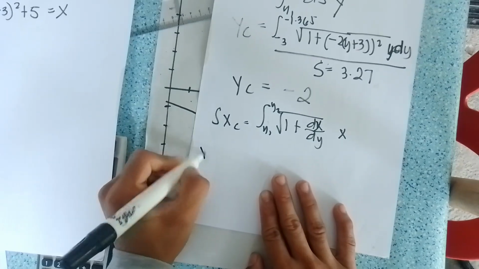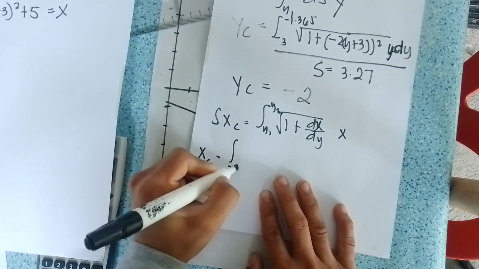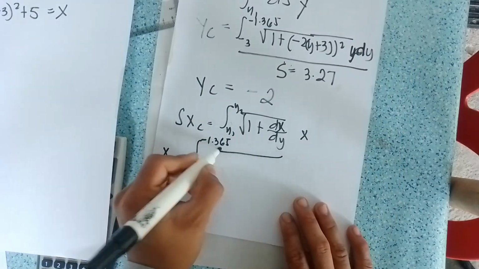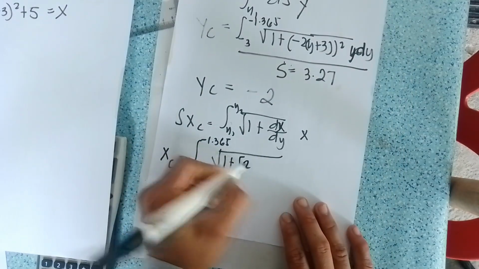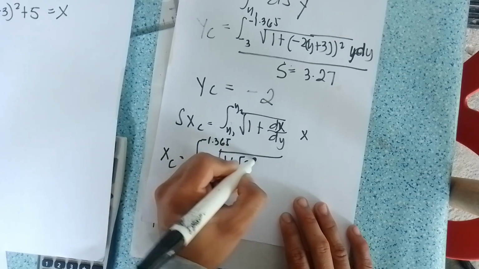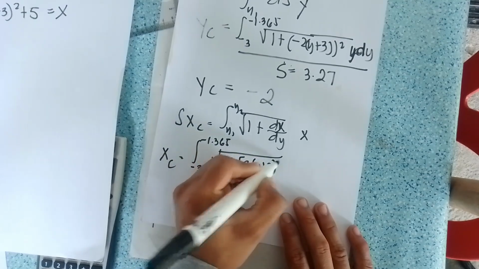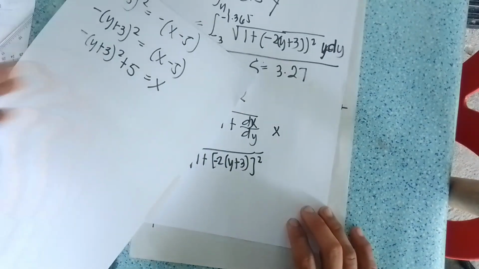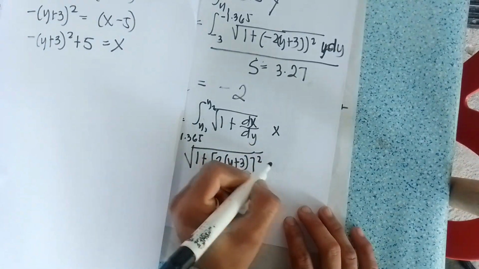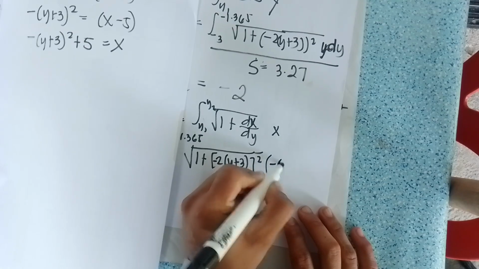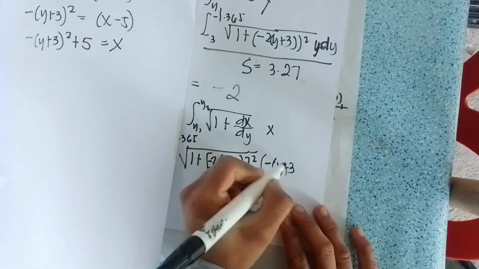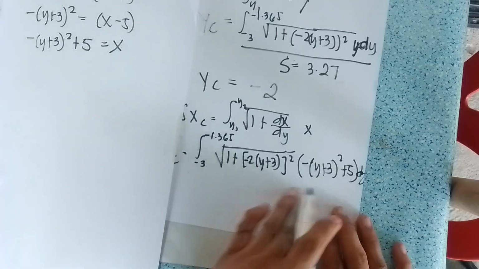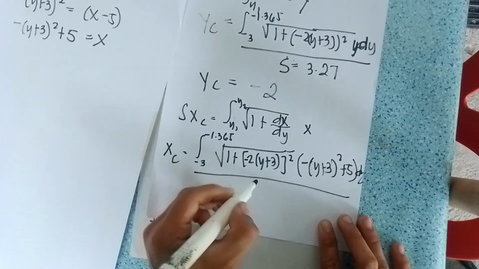Your xc is the integral from -3 up to -1.365 of the square root of 1 plus -2 times y plus 3 quantity squared. Your x, therefore, gamitan natin ito kinaang insulat natin, which is negative y plus 3 quantity squared plus 5 dy. So, in terms of y na tanan, all over our arc length, which is 3.27.